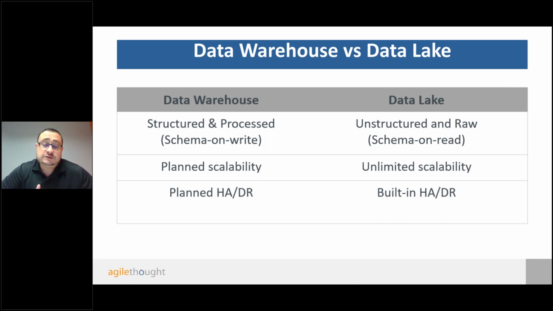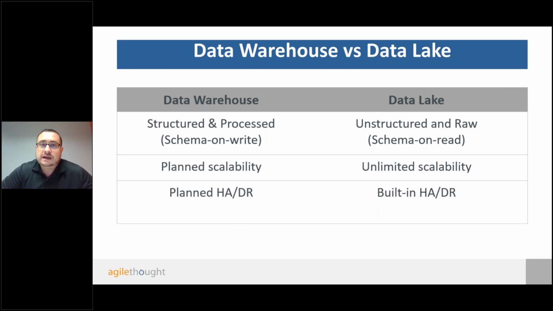As opposed to a data lake, which accepts any type of data, be it structured or unstructured, and doesn't have a predefined write schema. And typically when applications connect to a data lake, they will connect and define a schema at the time of read. This is commonly known as schema on read.